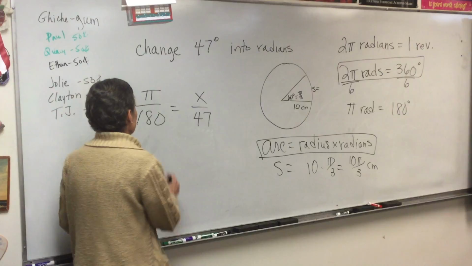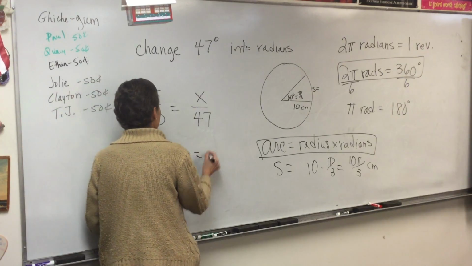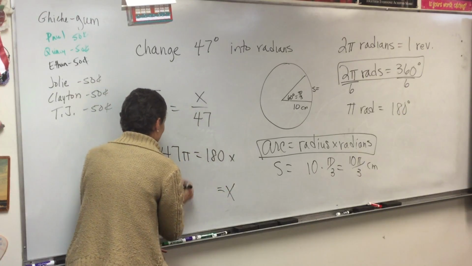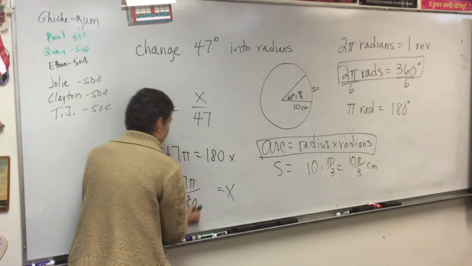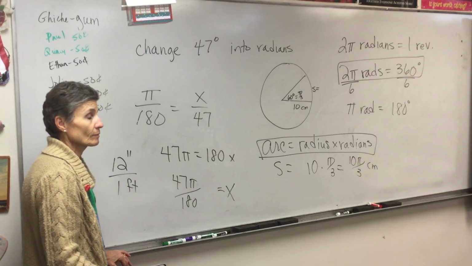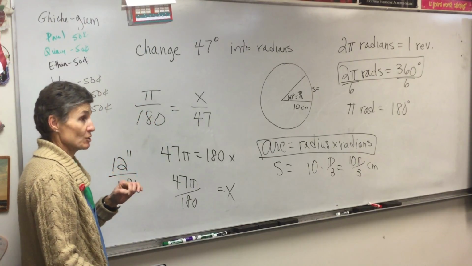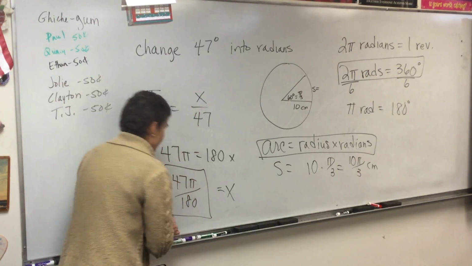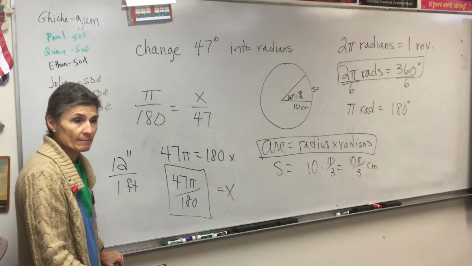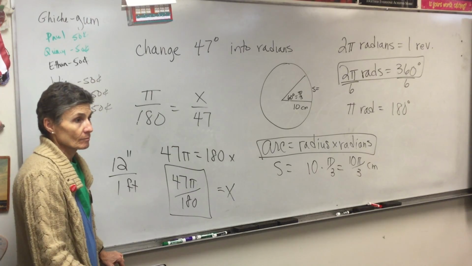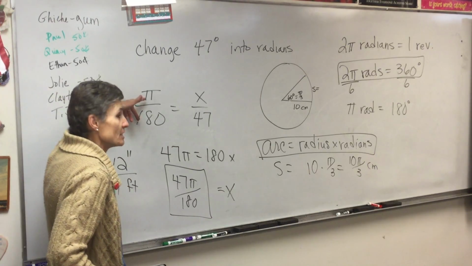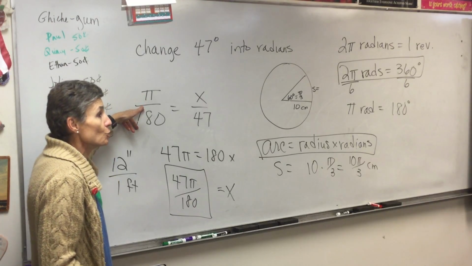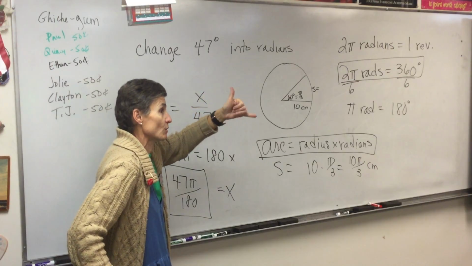So you cross multiply. 47 pi equals 180 x, and x will equal 47 pi over 180. So the radian measure of 47 degrees is 47 pi over 180. You are going to set this proportion up every time you want to change radians to degrees and vice versa.